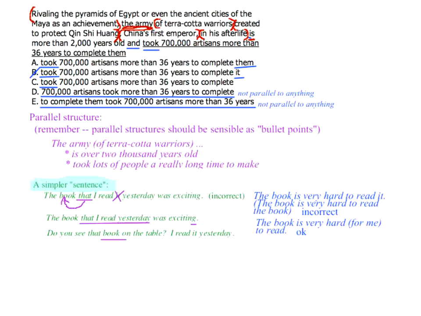Or the army took them a long time to make. But not both. You can't have nouns in both places or pronouns in both places that talk about the same thing. So you've still got that issue in A as well. And then D and E are not legitimately parallel structures. That leaves C. Okay.